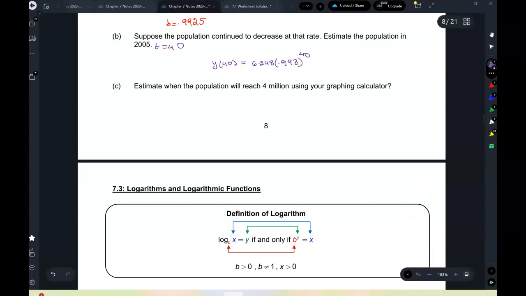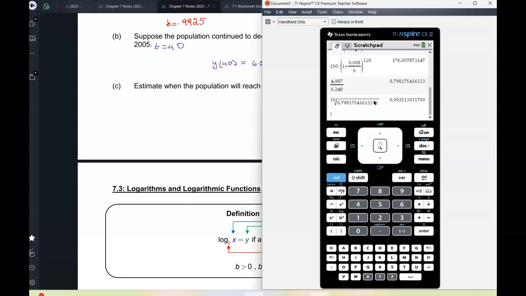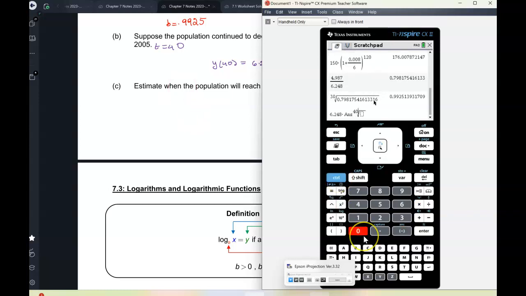Again, we're not going to round. So it's going to be 6.248 times the answer that we just got to the power of 40. If you round, it'll be a little bit off.